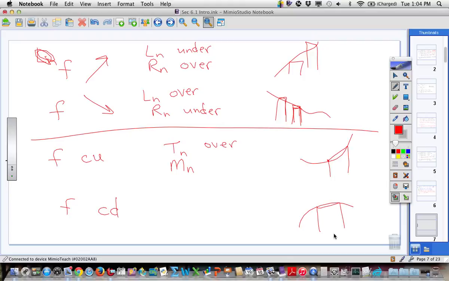What's going to determine how big this error is? How much it curves. How curvy it is. Aren't some curves curvier than others? Yes. What measures the curviness? Second derivative, right?